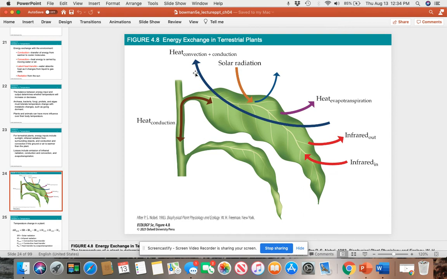Convection takes place, of course, when there is contact of a physical versus liquid medium, in this case, wind. We'll discuss the same thing that takes place in aquatic organisms, and then heat transfer through conduction.